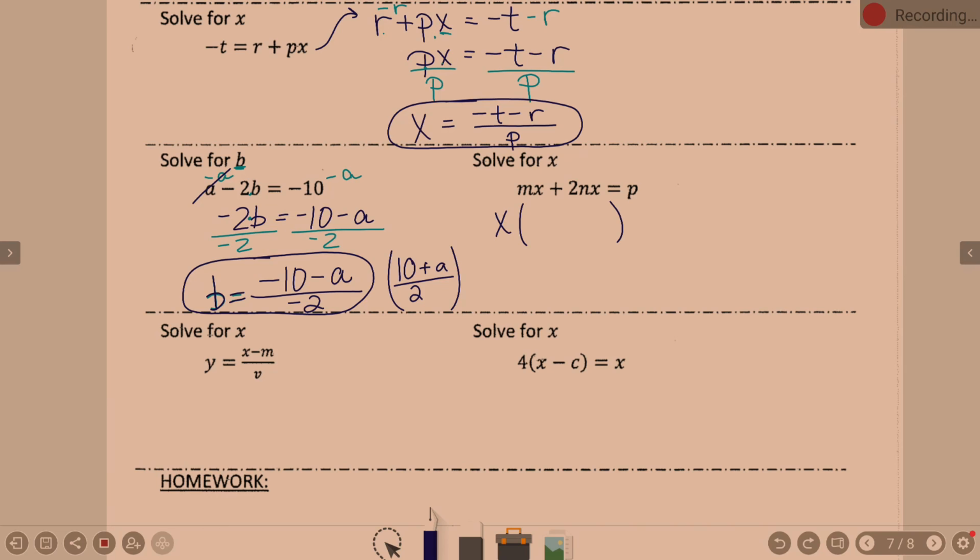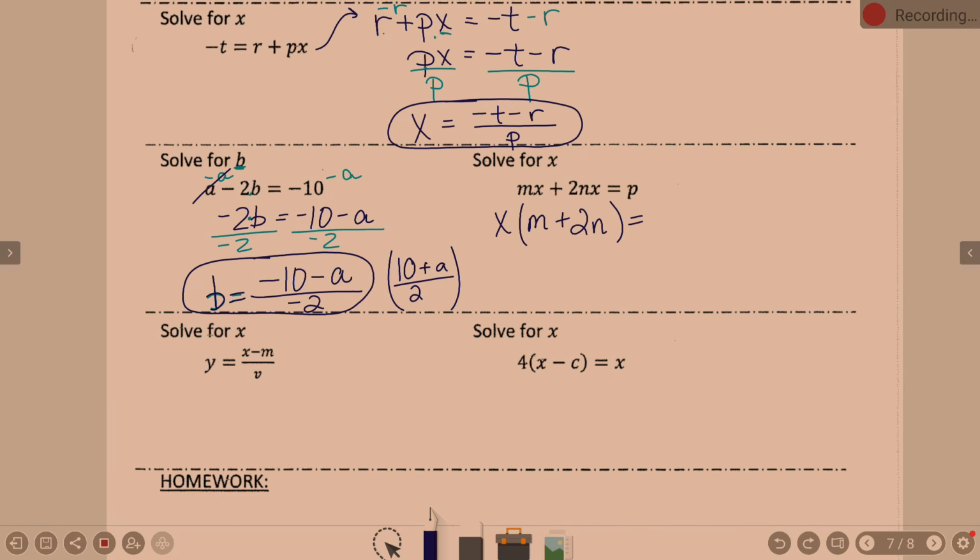Now, if it's m times x and I divide by x, what remains? The m, right? Because I pulled the x out front, so there's still an m. There's still a plus sign. 2nx: if I pull the x out front, what remains? The 2n.